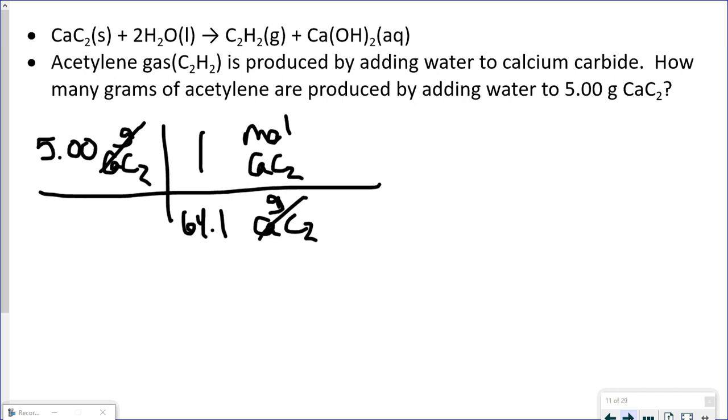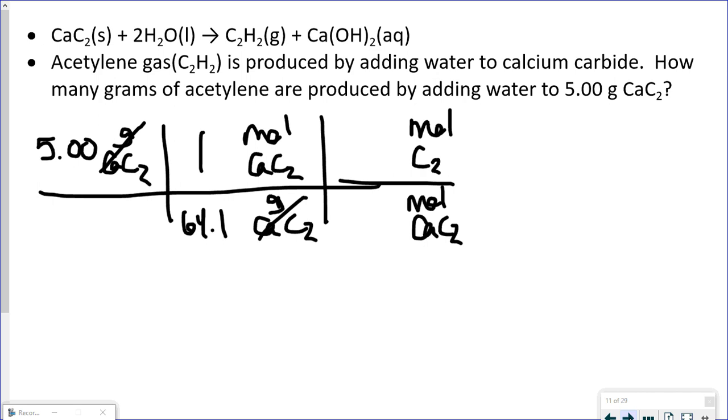Our answer is dealing with acetylene, so we no longer need calcium carbide. So we can get rid of moles of calcium carbide by moving it to the bottom, and we can change into moles of acetylene on top. Mole to mole ratio, remember we get our number from our balanced equation. Always go back and double check that it's balanced.